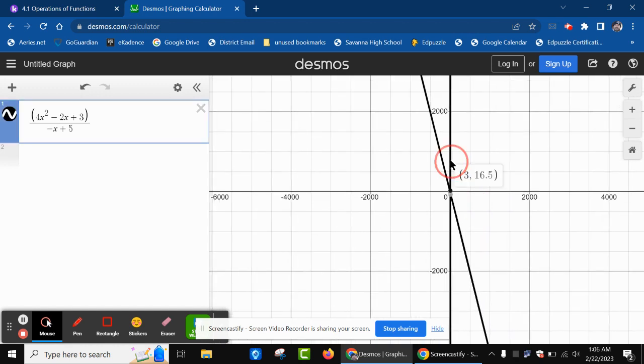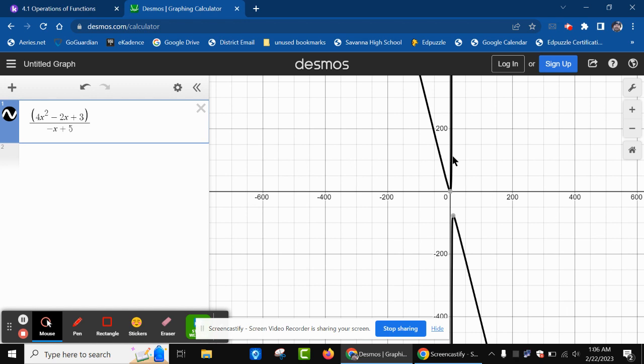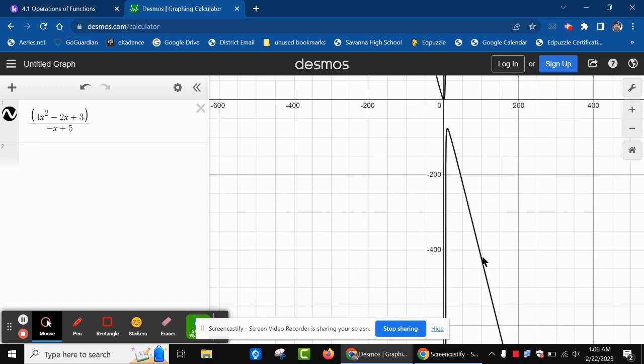That means we can go forever this way, we can go forever this way, and as we keep going to the right, it's going to get really close to a number. Look, it got to 4.77. So now if I go this way, it's going to get really close to another number. Hey, look, it's at 5.65 right now.